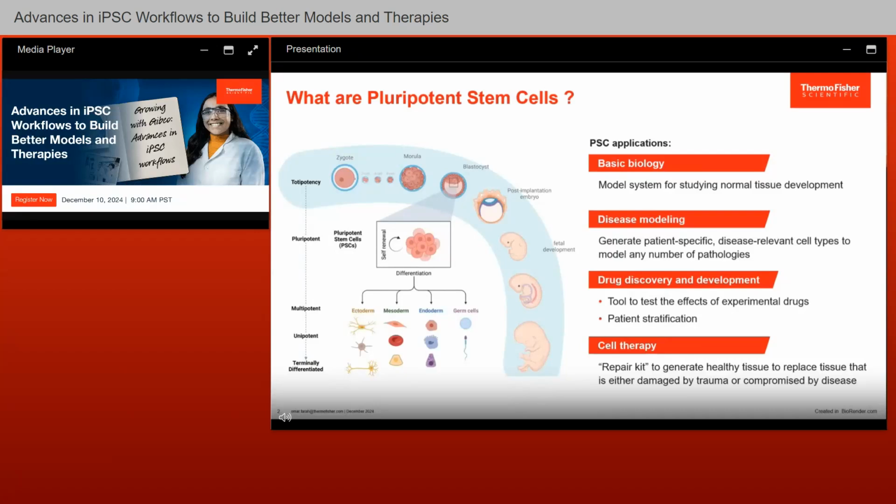For drug discovery applications, PSCs provide a reliable platform for screening new pharmaceuticals, and for cell therapy applications, PSCs hold a big promise of generating healthy cells to replace damaged cells or tissues, offering potential cures for various debilitating diseases as well. As we dive a little deeper into the world of PSCs today, we'll explore these applications and their transformative impact on science and medicine.